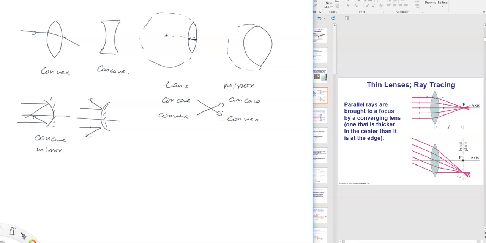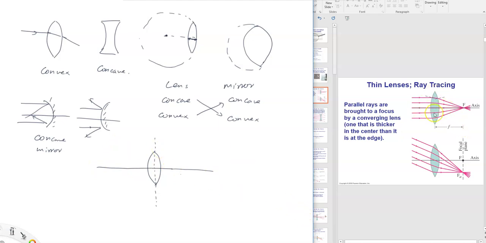All right. So let's start with the convex lens, the one that has all these different applications. So here's that. Again, we draw a line through the center to represent where the lens is, and then we draw the principal axis.